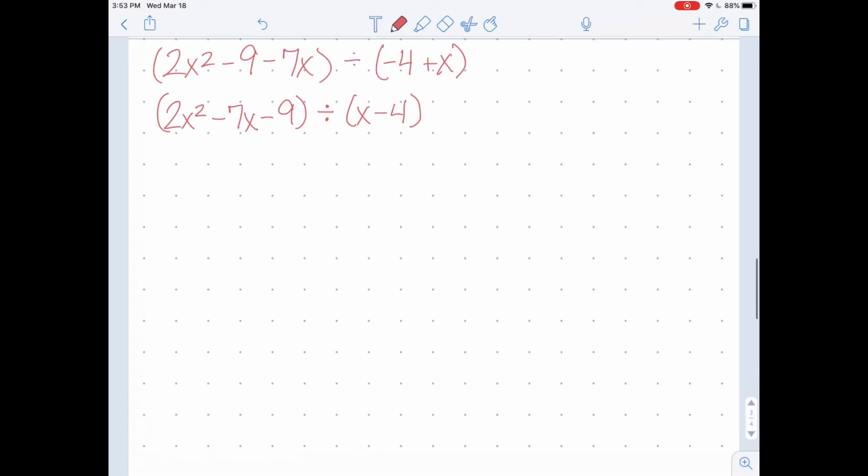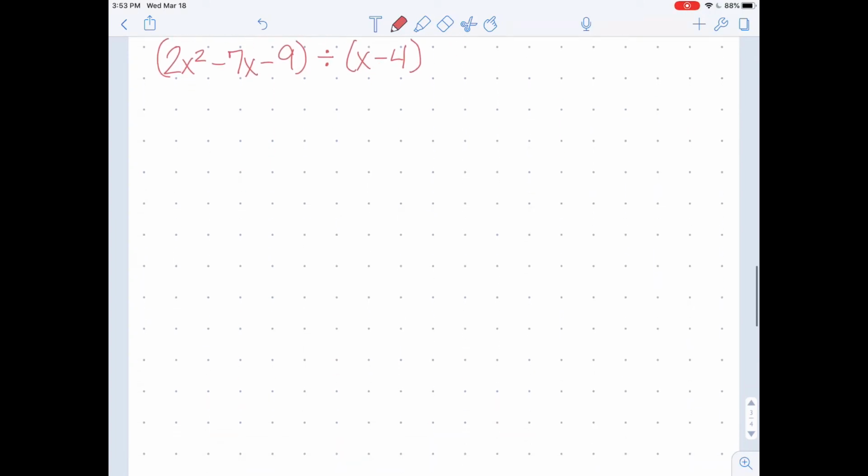Now we can use the division bar. So I've got 2x squared minus 7x minus 9 divided by x minus 4.